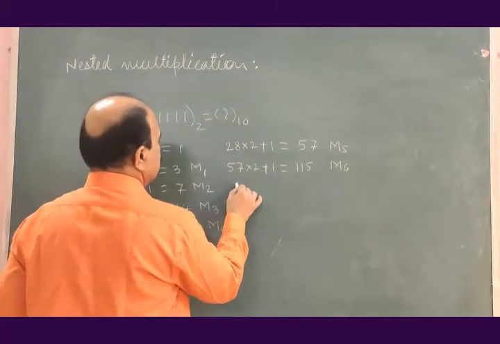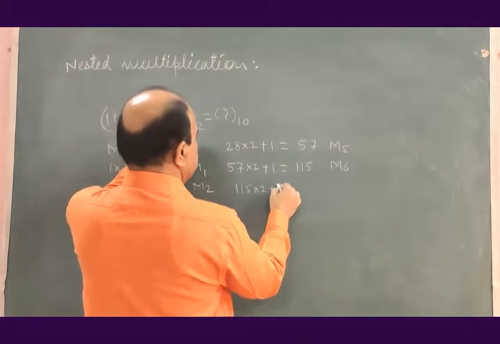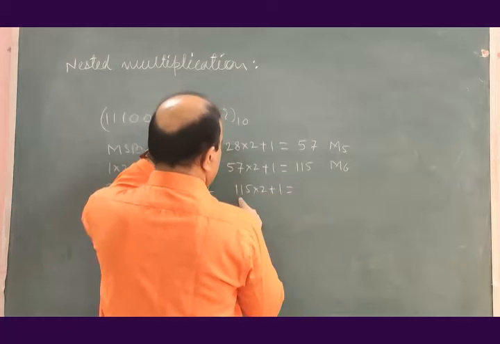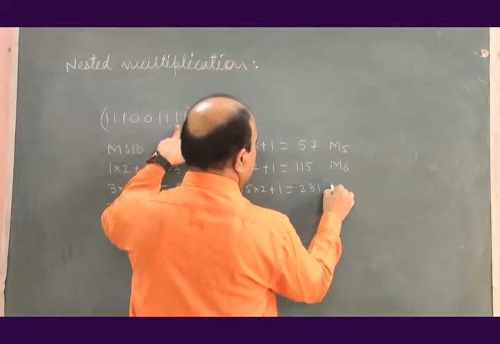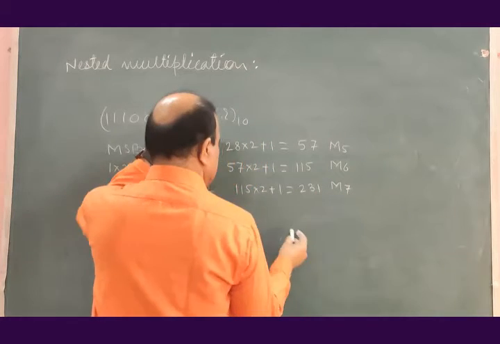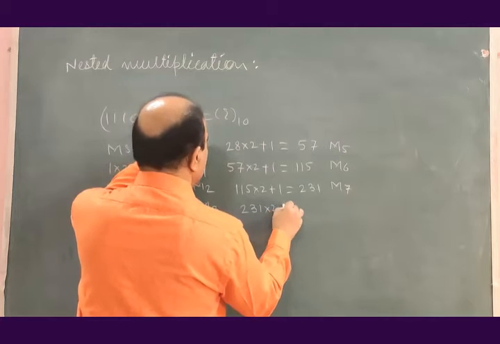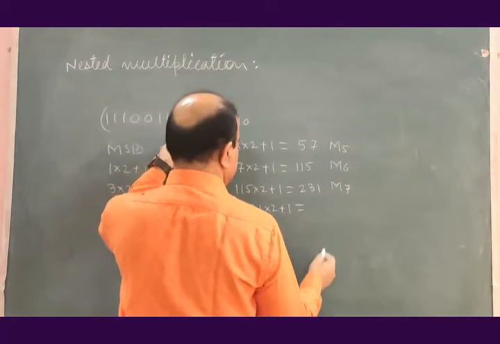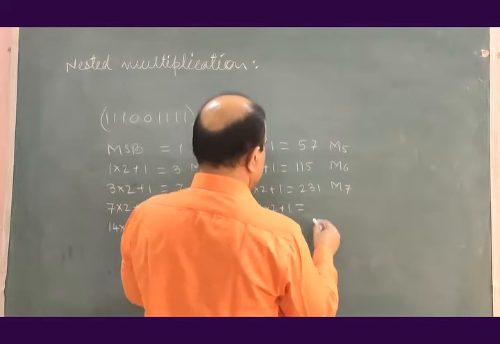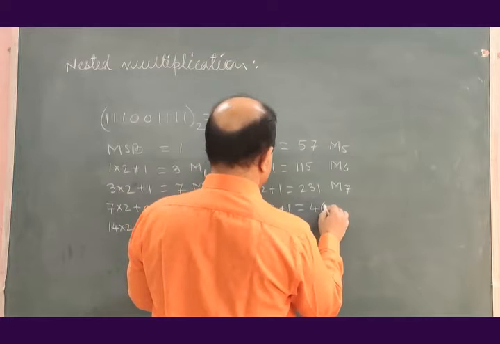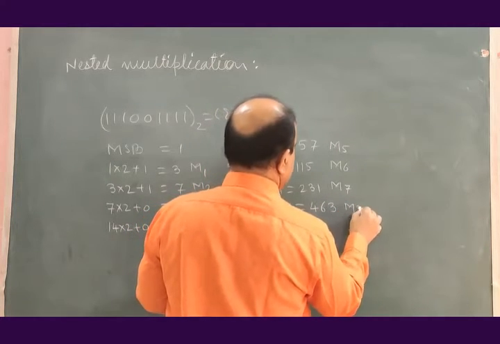2 bits are still left. 115 into 2 plus next bit, it will be 231, M7, and last one. 231 into 2 plus last bit, 462 plus 1, it is 463, M8.